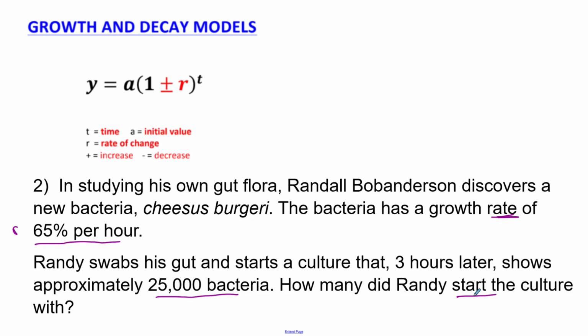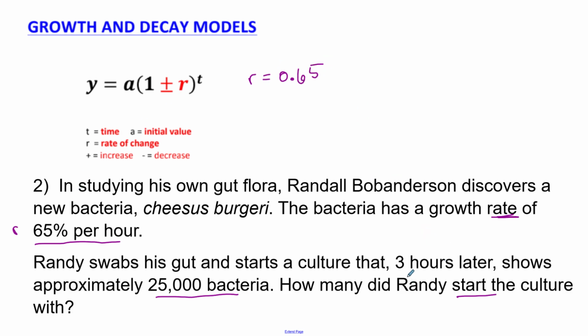So I like this problem because we get to set up a growth model and we get to do a little solving. So instead of just plugging in, we're going to solve. Okay, let's think about what we know. We have a growth rate, which we have to write as a decimal, so 0.65.